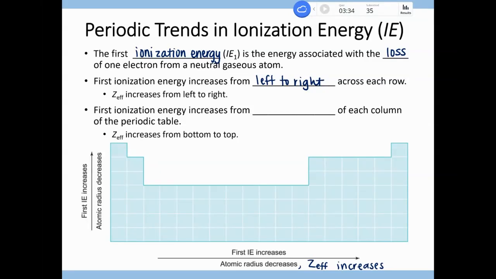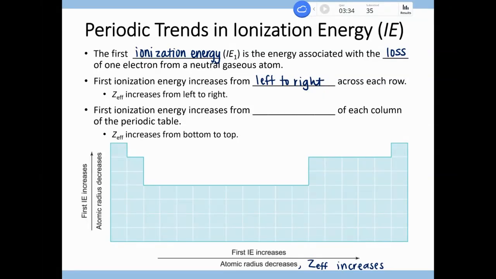We're going top to bottom. As we go down the periodic table in a column, electrons are occupying orbitals that are further and further away from the nucleus. When we're talking about ionization energy, we're removing an outermost electron.